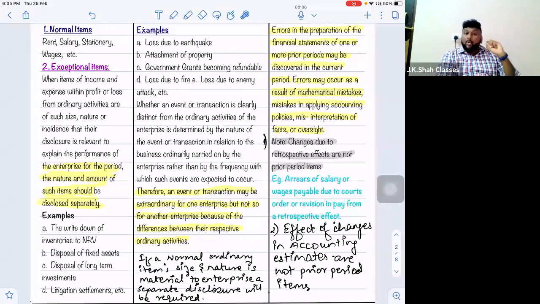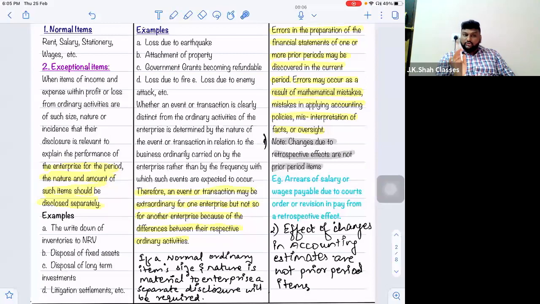That is the only reason why a separate disclosure is required for them. So please don't go in a wrong sense that exceptional items are non-operating in nature. No, these are your operating items only, but they are heavily material for you. That is why you require a separate disclosure for them. So I can even say one thing, that your salary can also be considered.